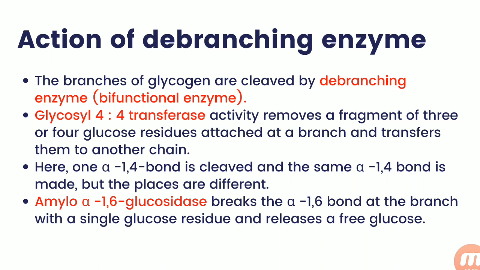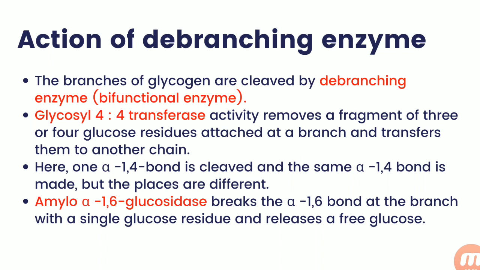I mean to say there is no 1,4 glycosidic link. There is only one glucose that is linked with the straight chain with a 1,6 bond. So the main aim of this amylo alpha 1,6 glucosidase is to break that alpha 1,6 bond. Clear?